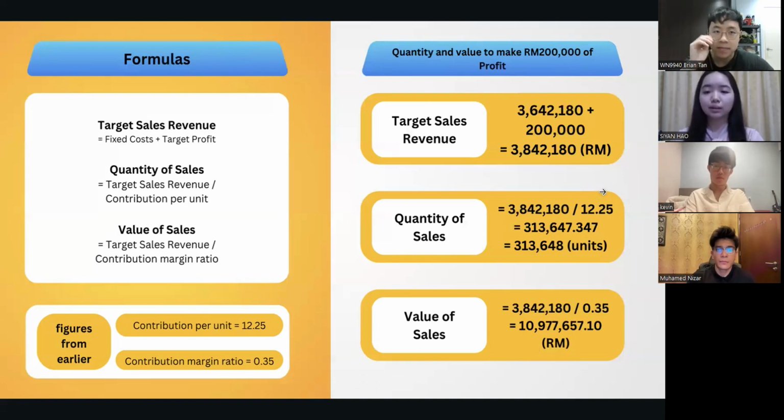So the total sales revenue equals fixed cost plus target profit, which is 3,642,118 plus 200,000 ringgit, equal to 3,842,118 ringgit. We apply the target sales revenue to the two formulas. We can get the quantity of sales equal to 313,148 units, and the value of sales equals 1,977,657.1.